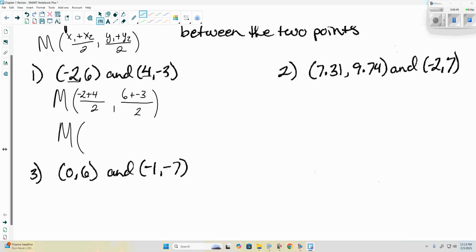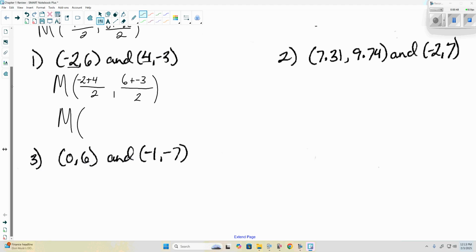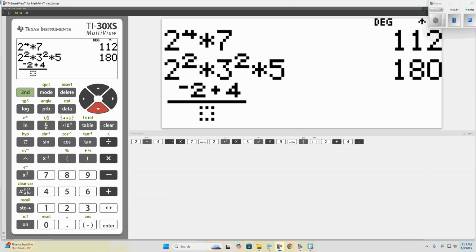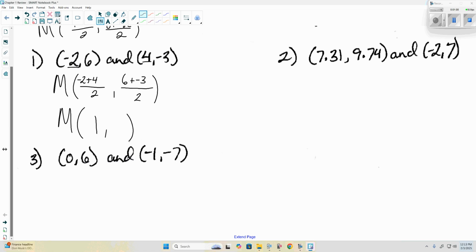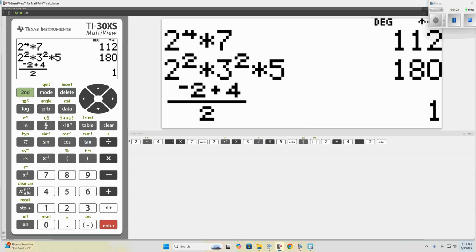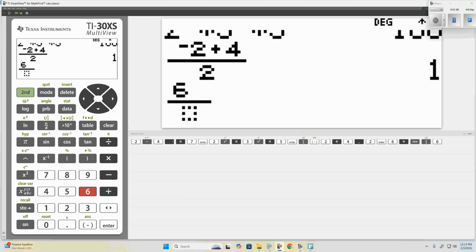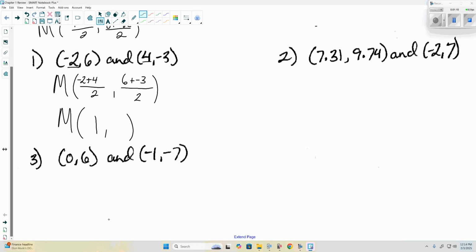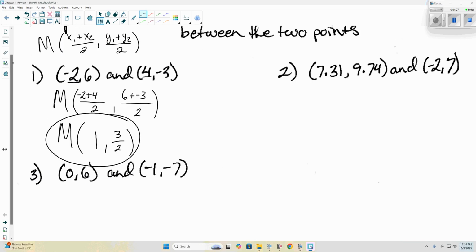And at this point here, we can just calculate this. -2 plus 4 over 2 is going to be 1. Six plus -3 over 2 is, yeah, that's it. Questions on finding midpoint?